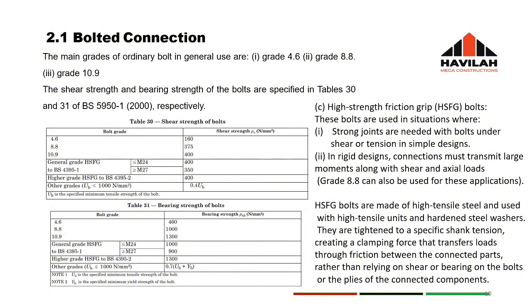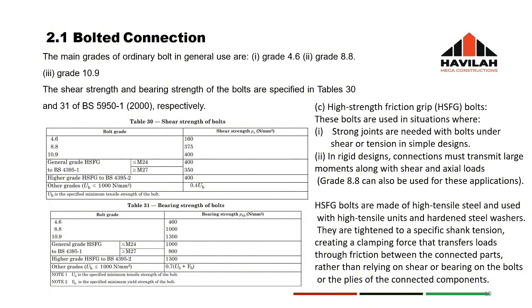And why do I have them? These tables show the shear strength of bolts and the bearing strength of bolts. As we go along in teaching, you discover that the strength of a bolted connection is governed by either shear or bearing capacity.